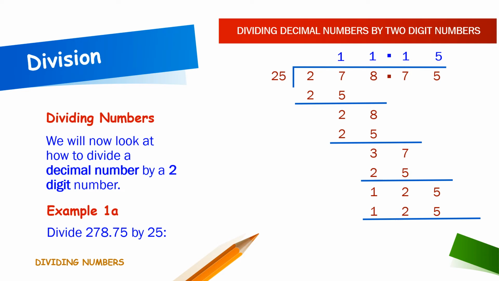And then subtract as shown, to give 0. We stop dividing when we get a 0 remainder, and therefore 278.75 divided by 25 equals 11.15.